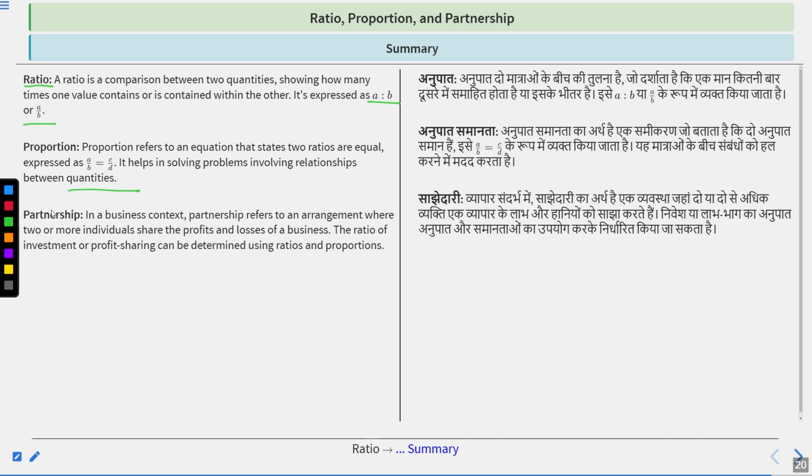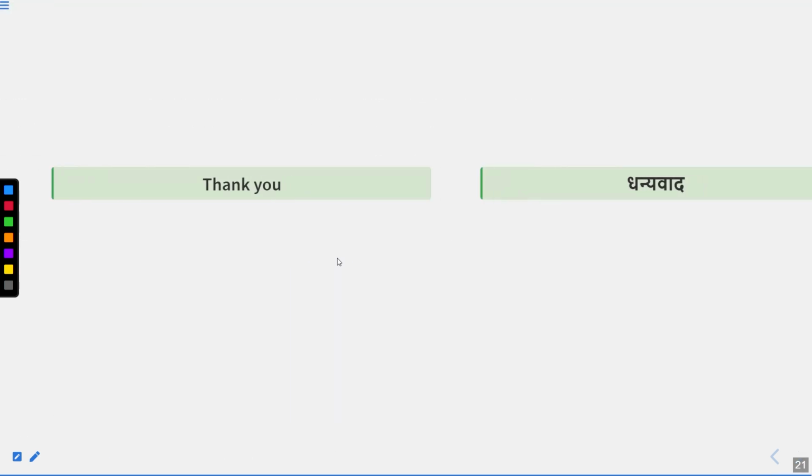Clear? Same way, partnership. In a business context, partnership refers to an arrangement where two or more individuals share the profits and losses of a business. The ratio of investment and profit sharing can be determined using ratio and proportion. Thank you.